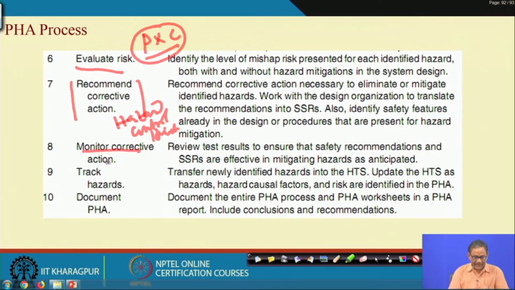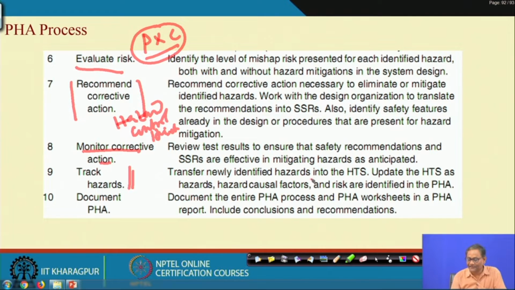Then monitor corrective actions. Review test results and ensure that the safety recommendation and SSR are effective in mitigating hazards as anticipated. Once you improve, it must be monitored and maintained. Then track hazards, whether the hazards are still occurring or not.